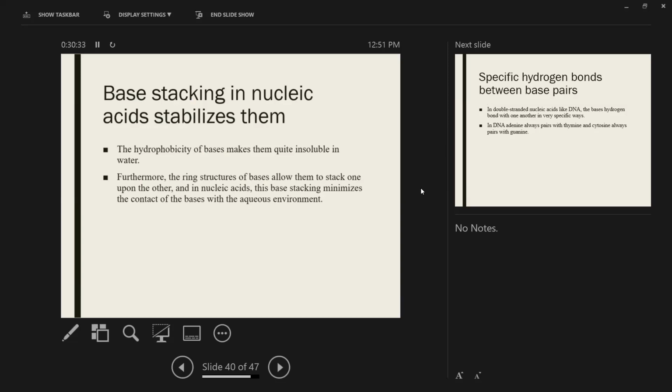And this is one of the things that's going to cause nucleic acids to have a hydrophobic core when they assume their structures in water. The backbone, of course, is quite water soluble, but the bases tend to not like water and they'll tend to associate with each other.